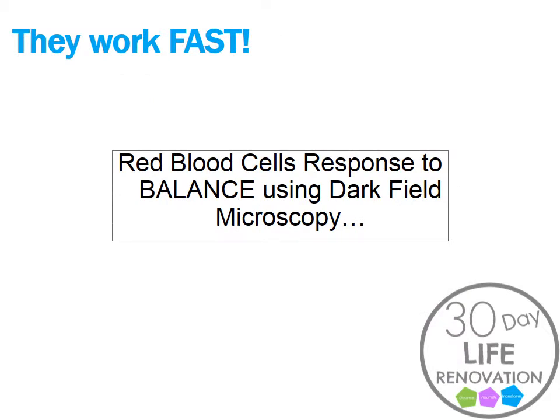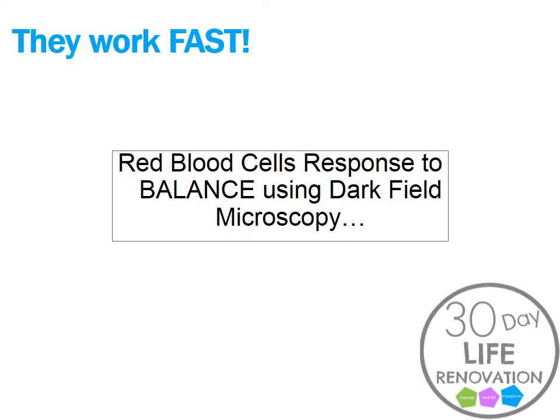Okay, so this is actually really cool. The essential oils work extremely fast in comparison to other types of products and medicines. So I'm going to show you a couple of slides, and each slide is a sample of red blood cells and their response to a particular essential oil blend called Balance, which is a grounding blend, and it has different types of compounds in there that help to balance and ground the user.